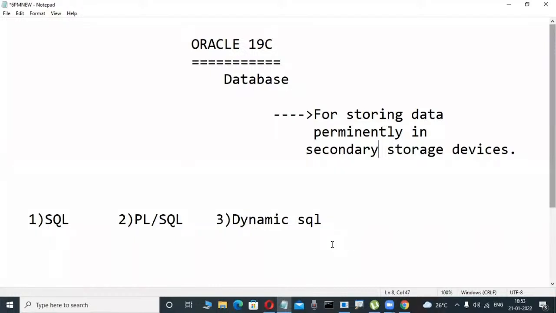ETL developers always need subqueries, joins, materialized views, indexes, partitions. OLAP features like rank, dense rank, lag and lead analytical functions, some knowledge is required. And PL/SQL stored procedures.